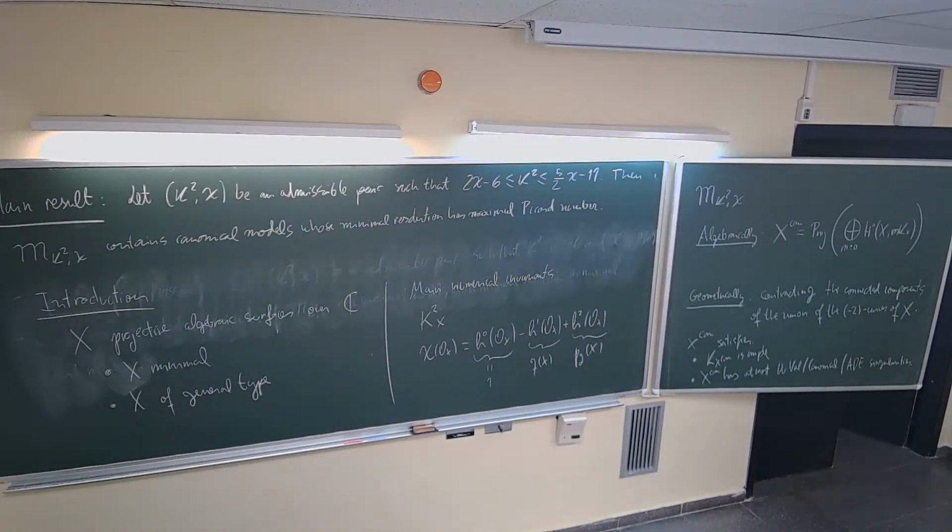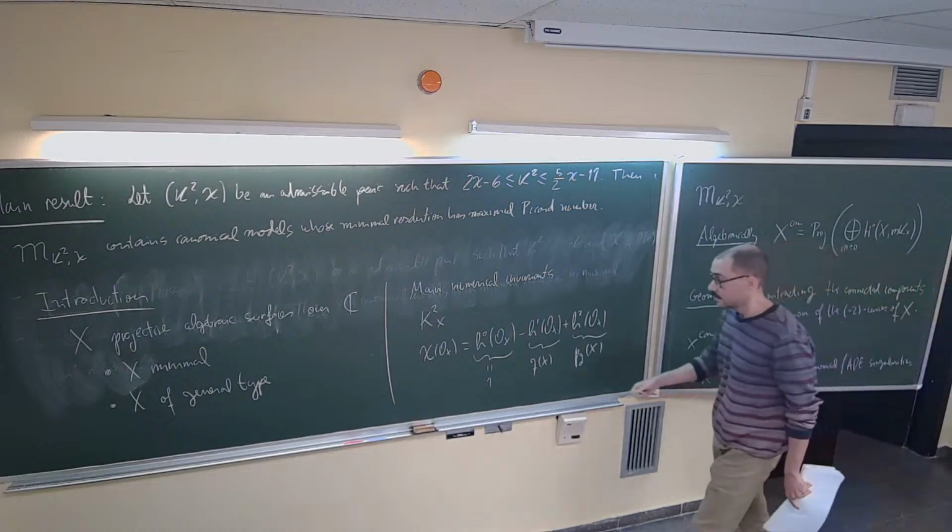It will have what are known as Du Val singularities, canonical singularities, or ADE singularities. These are different names for the same thing, and these are the singularities that a canonical model may have.